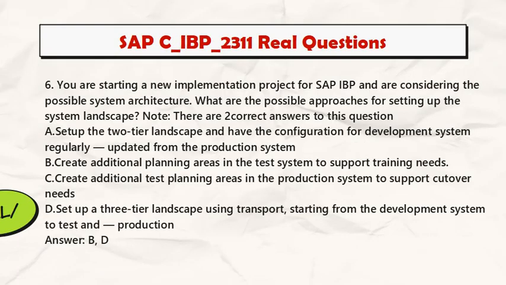6. You are starting a new implementation project for SAP IBP and are considering the possible system architecture. What are the possible approaches for setting up the system landscape? Note: There are two correct answers to this question. A. Set up the two-tier landscape and have the configuration for the development system regularly updated from the production system.